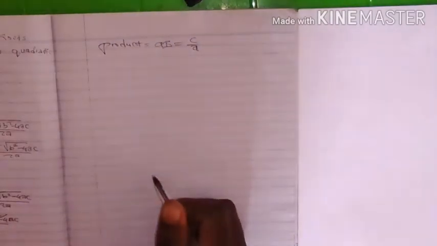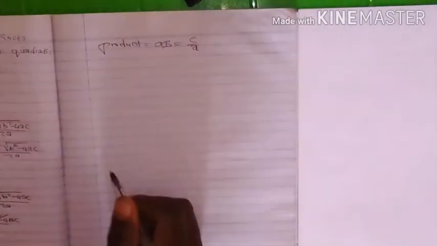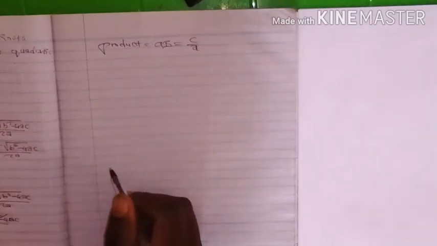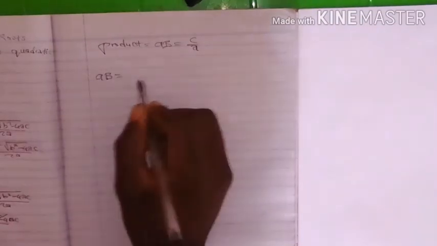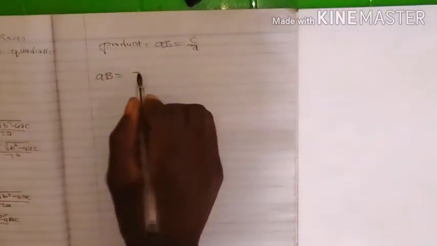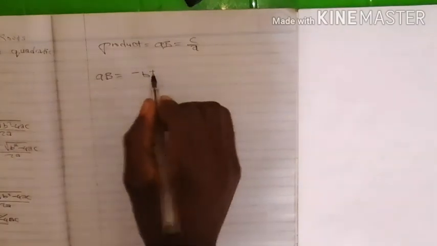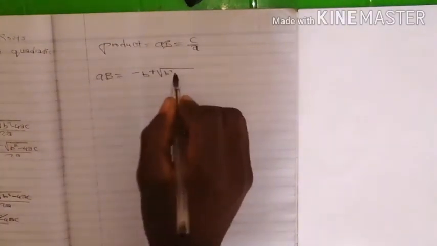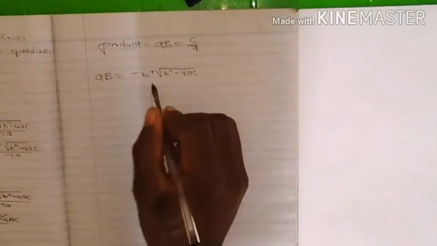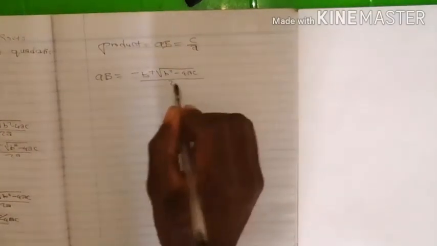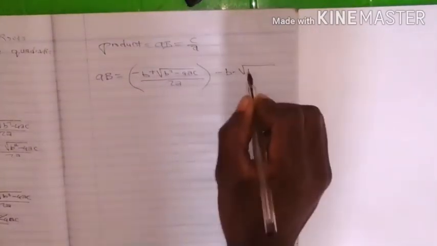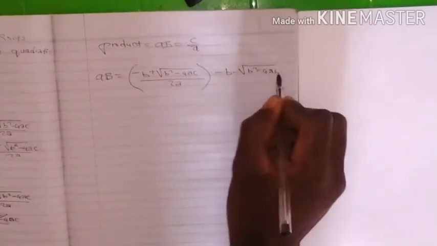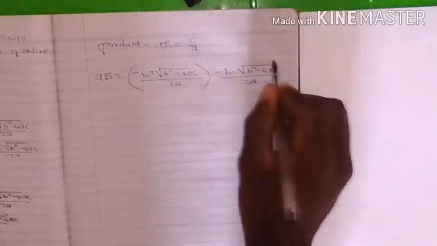So in this case, using this quadratic formula, we are going to find that alpha beta is equal to, alpha is represented by minus b plus the root of b squared minus 4ac over 2a, and beta is represented by minus b minus the root of b squared minus 4ac over 2a.